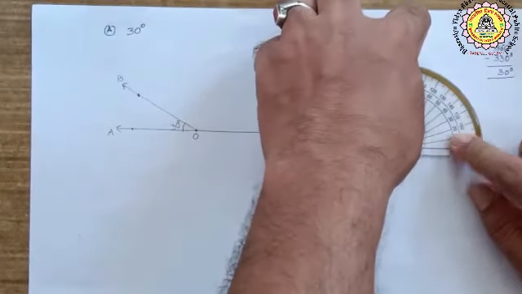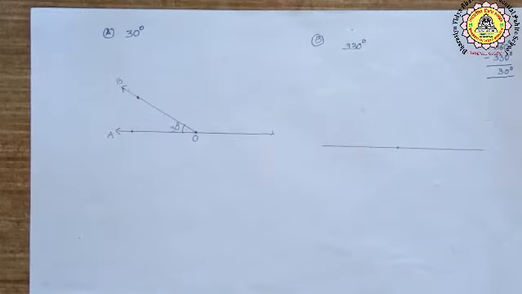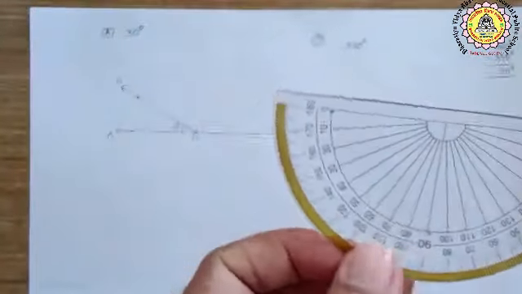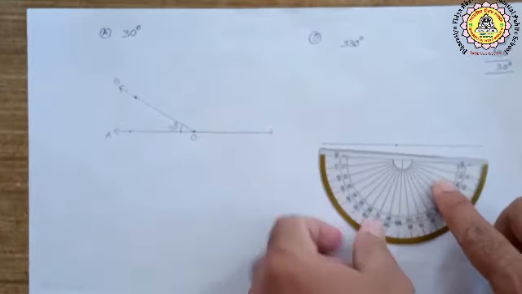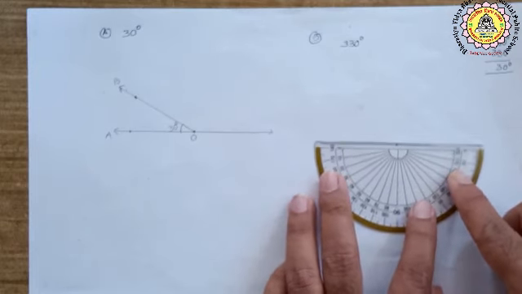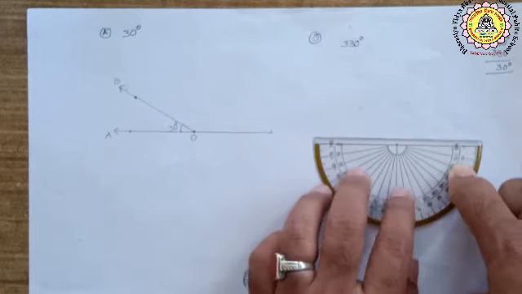First remove this protractor from that line, and keep this protractor up and down like this. Now the procedure is as usual.